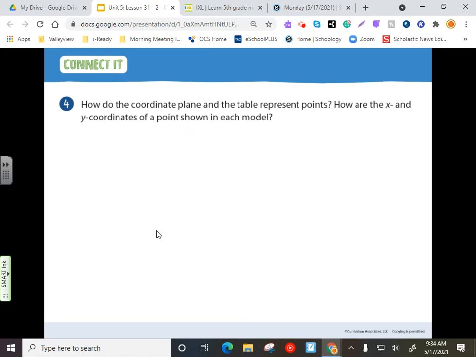All right, so number 4: how do the coordinate plane and the table represent points? Are the x and y coordinates of the point shown in each model? I kind of just answer this simply.